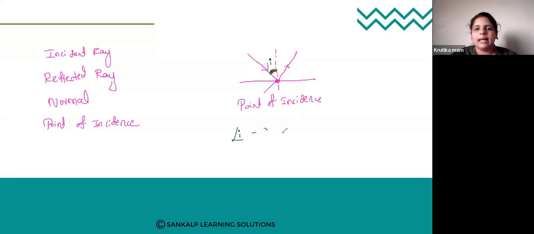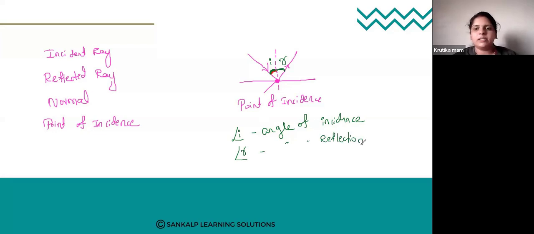This angle is called the angle of incidence. One more angle is forming, that is between the reflected ray and the normal. That is called the angle of reflection.